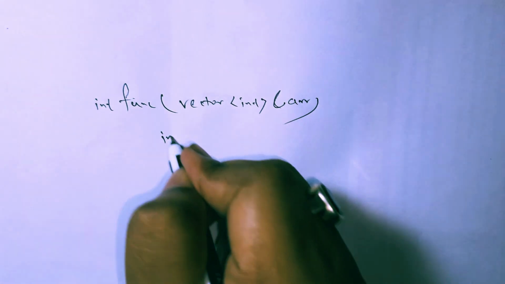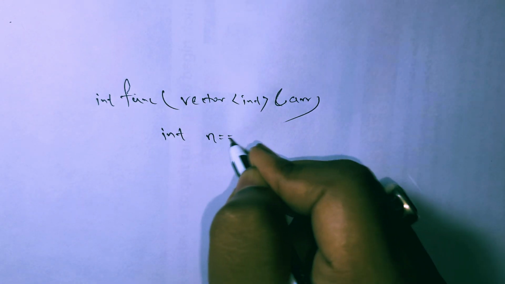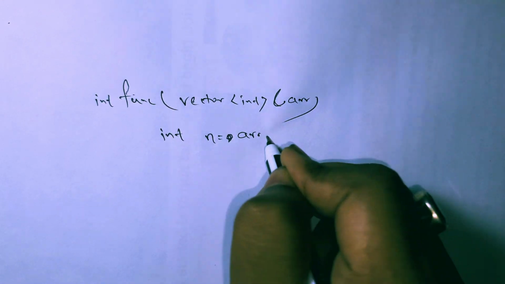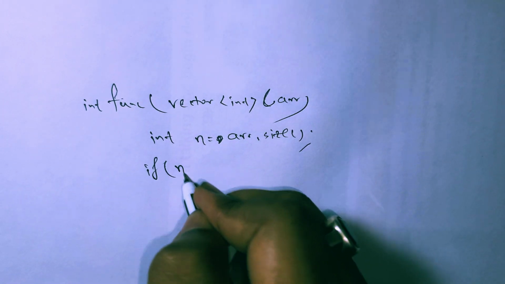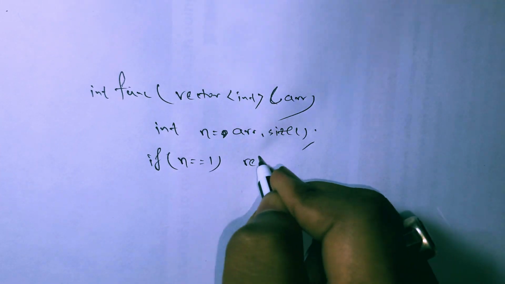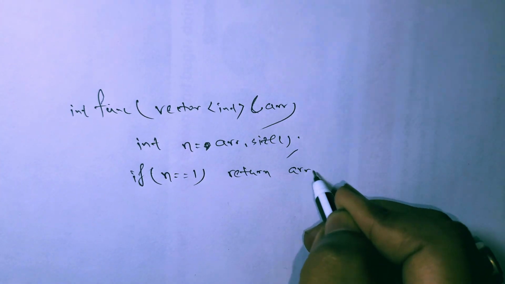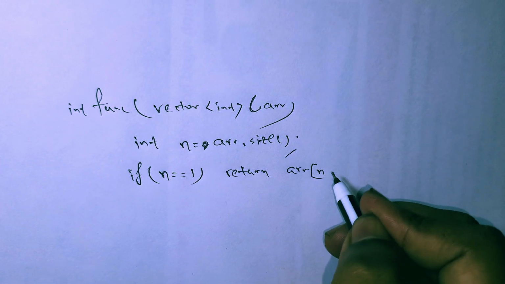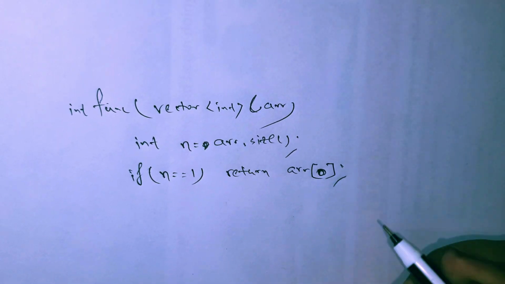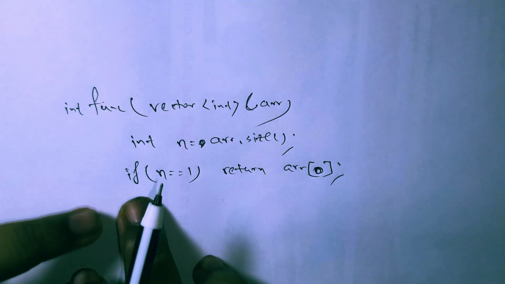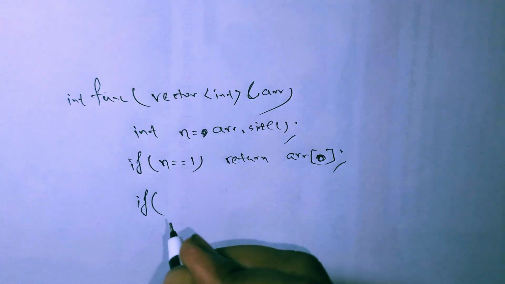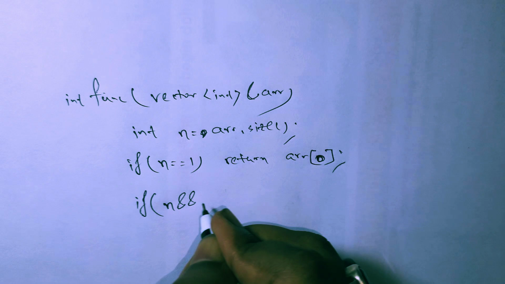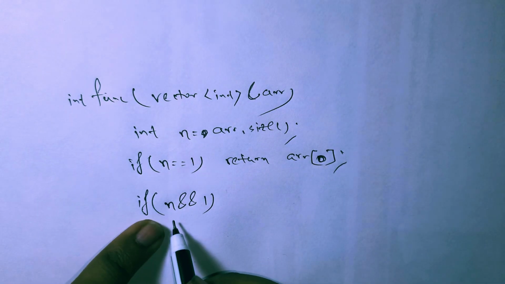After observing all the test cases, the solution becomes an int function of vector int &array, and int n is equal to array.size(). If n is equal to 1, then I will return array[0]. Till this it is okay. Now I will check if my array size is odd. How will I check it?